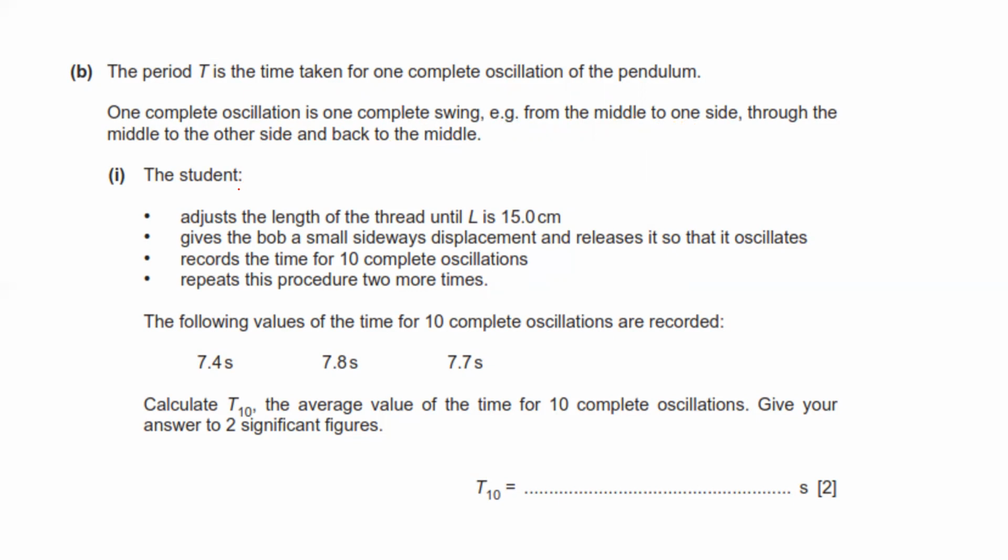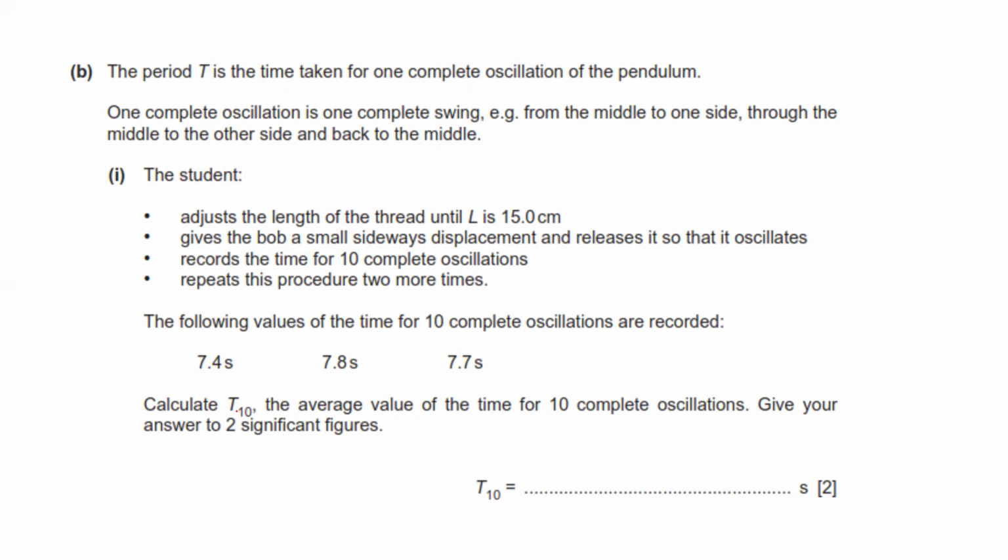Number one: the student adjusts the length of the thread until length capital L is 15 centimeter, gives the bob a small sideways displacement and releases it so that it oscillates, records the time for 10 complete oscillations, and repeats the procedure 2 more times. The following values of the time for 10 complete oscillations are recorded: 7.4, 7.8, and 7.7 seconds.